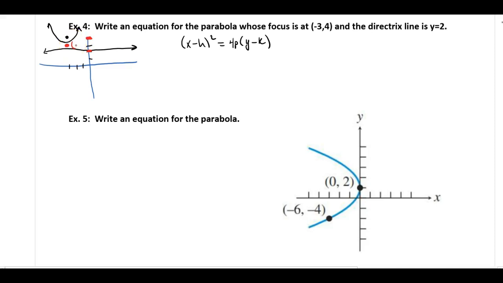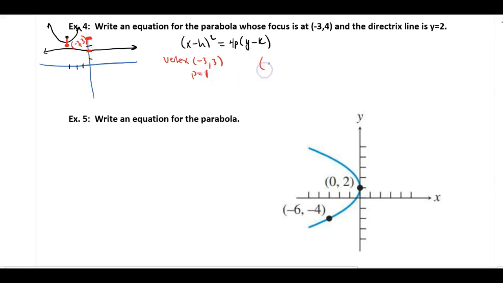So my vertex is at (-3, 3). And now I need p. What is the distance from the vertex to the focus? From 3 to 4 is 1 unit. So p is 1.